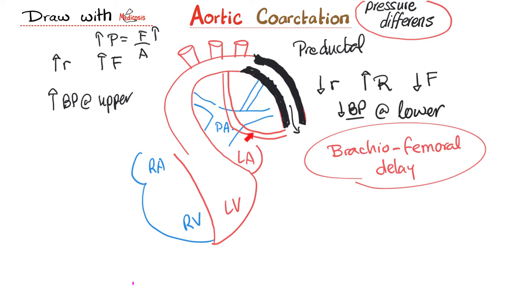The posterior intercostal arteries come from whom? They come from your descending thoracic aorta. Oh, that's awesome. So oxygenated blood from the aorta before the obstruction went to that collateral circulation and supplied oxygenated blood to the aorta distal to the obstruction.